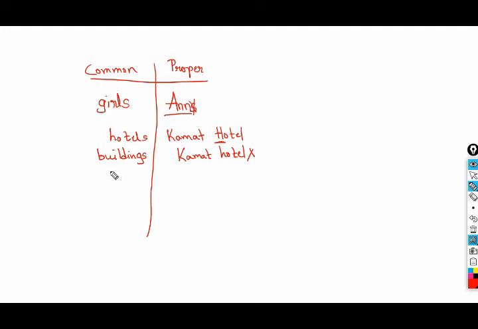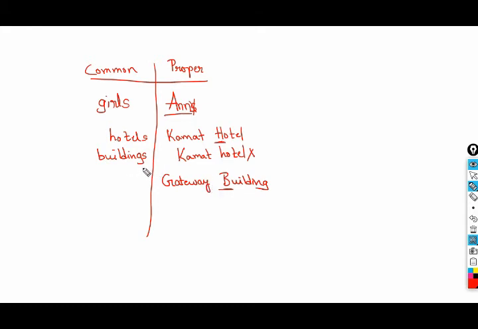Similarly, let us say in general building is a common noun, but let us say there is a building which is named as Gateway Building. So in this case, this B should be capital. The reason behind is it is a name given to a place.